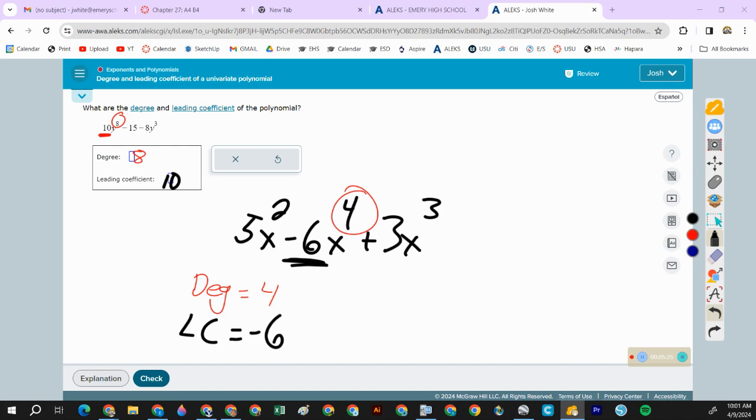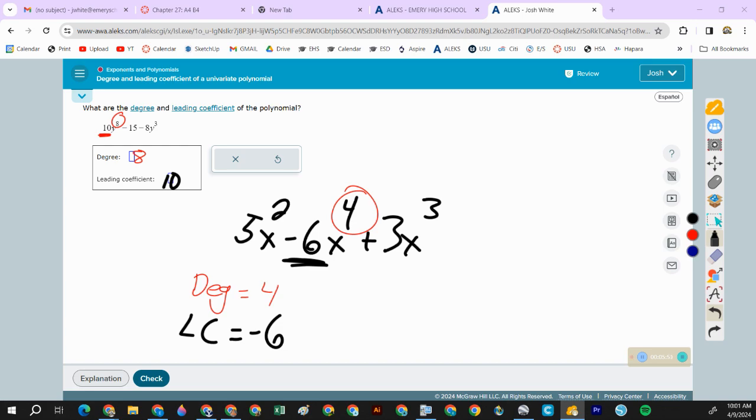Why do we care? Well, the degree tells us the basic shape of this function if we graph it. So if the degree is 2, all degree 2 polynomials look relatively the same. All degree 3 polynomials look relatively the same. All degree 4 polynomials look relatively the same.